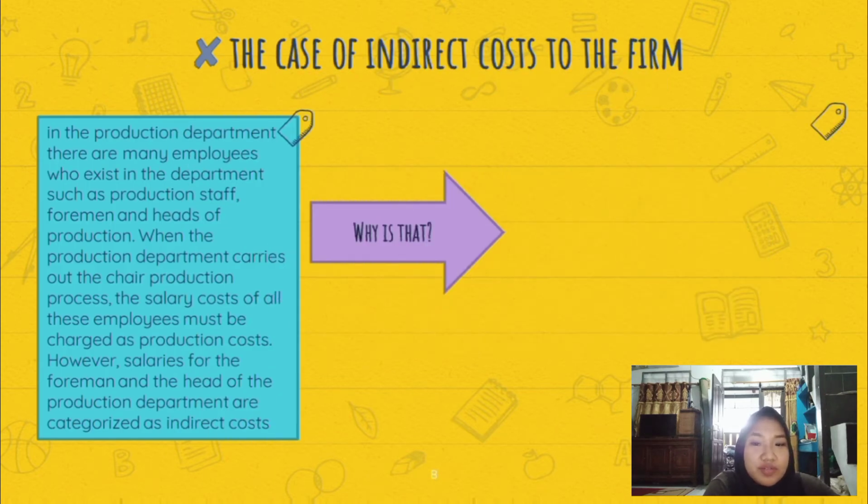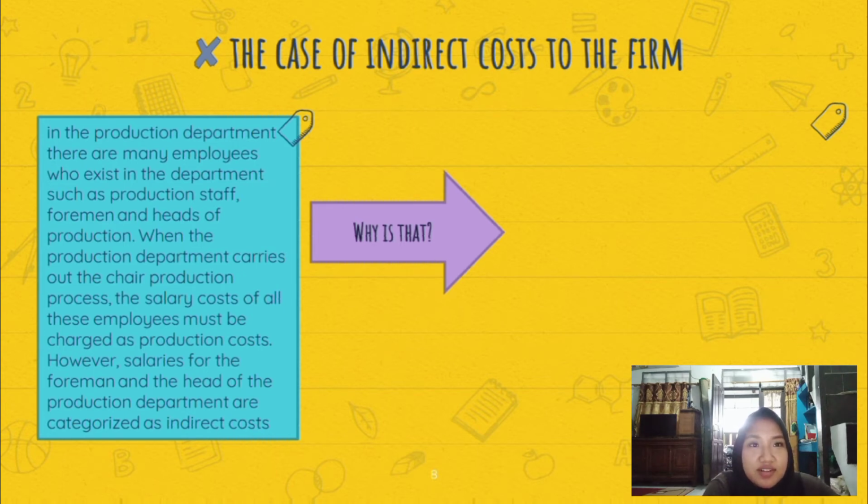In the production department, there are many employees, such as production staff, foreman, and head of production. When the production department carries out the production process, the salary cost of these employees must be charged as production costs.